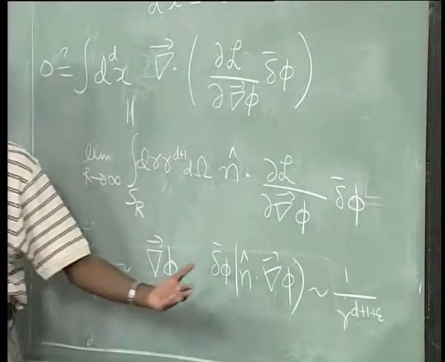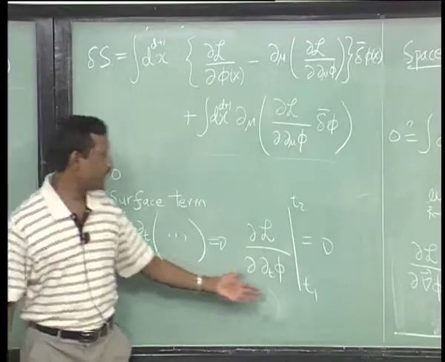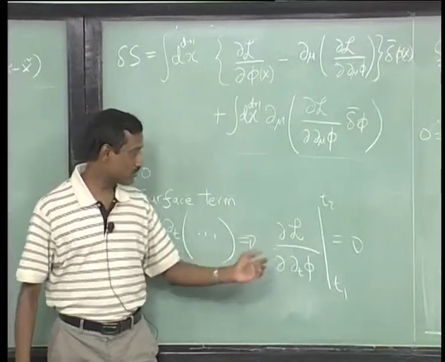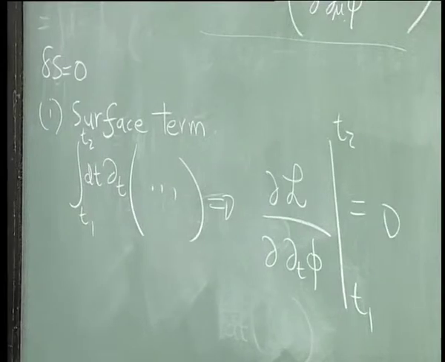So, if you are looking for equations of motion, it is not enough to specify things just at initial and final time, where the variations are fixed, but you need to also worry about spatial boundaries. Okay.